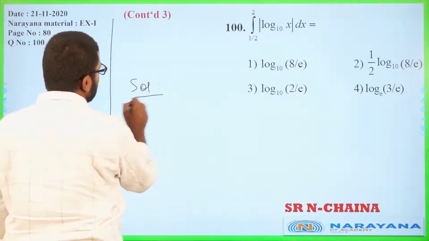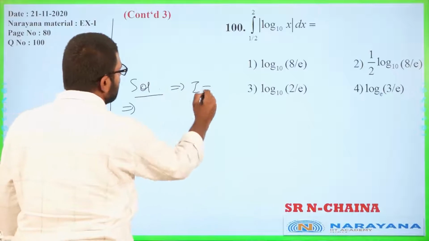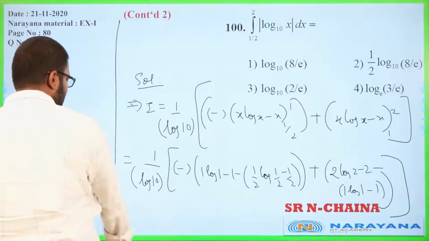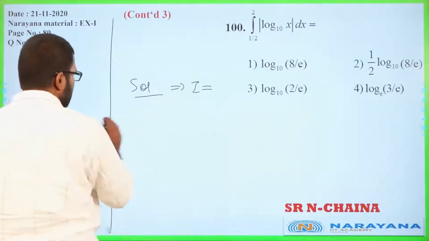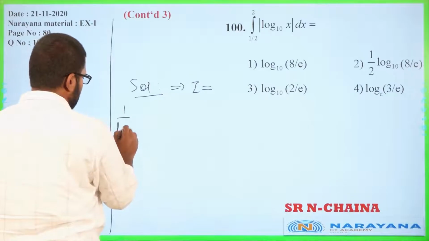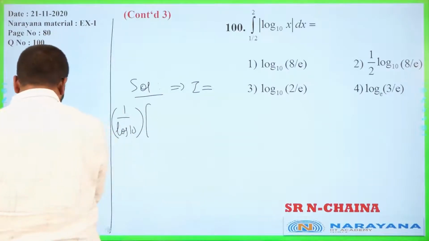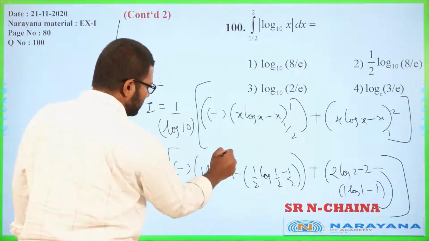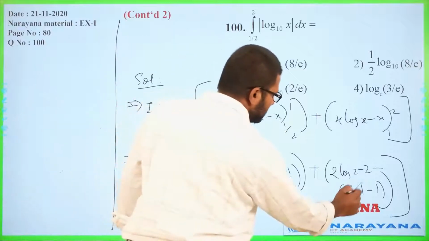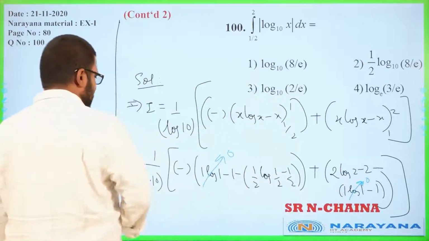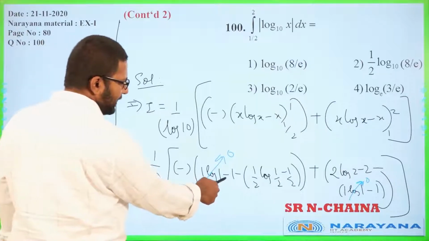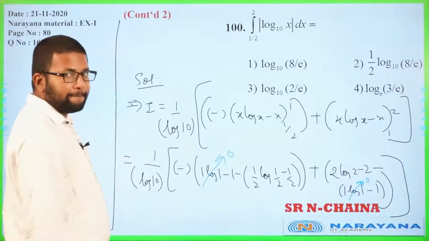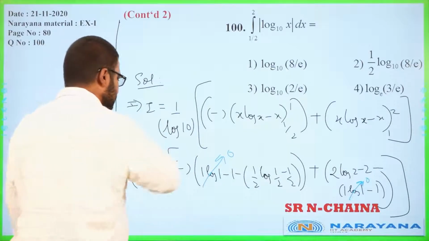Which means I is equal to 1 by log 10 times 1 log 1, which we know is 0. Whatever is 0, let us put it, because we know log 1 is 0. Once again there is a log 1 that is 0. Inside we have minus 1 and then minus half, so minus 1 plus half, which is minus half.